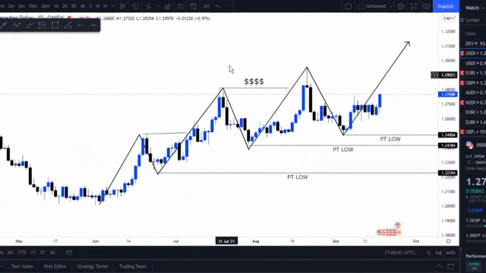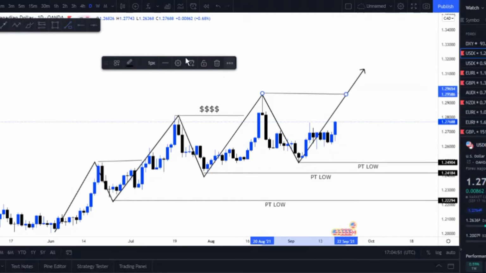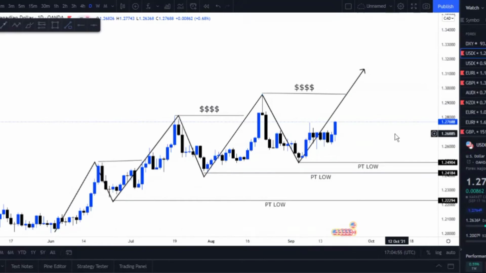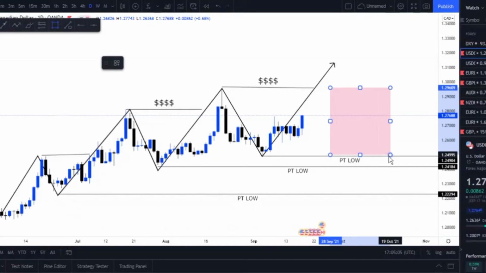A liquidity pool, and the lower highs are the protected swing. Yeah, so this is the liquidity high. And now this is what I like to call my Spider's Range, when I've got my liquidity pool and my protected swing.